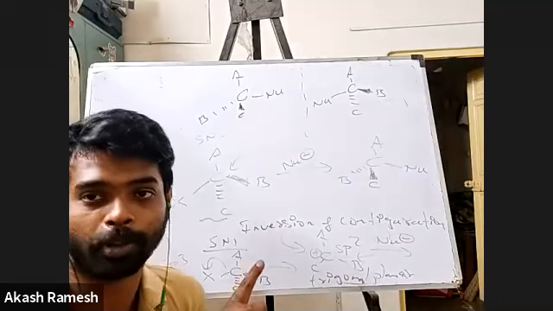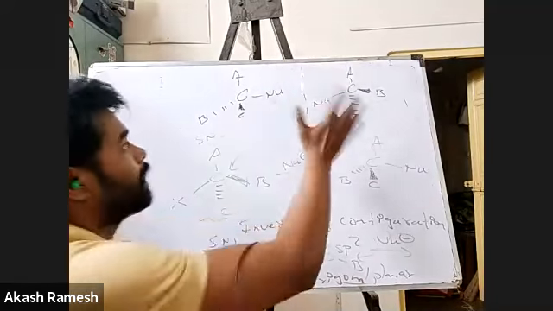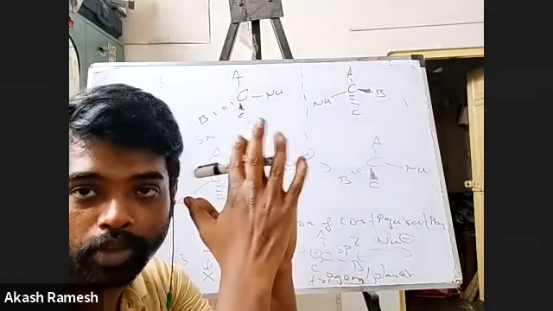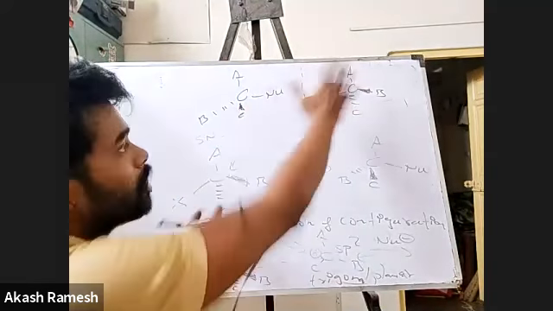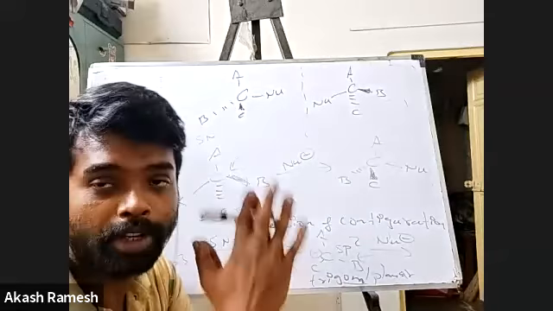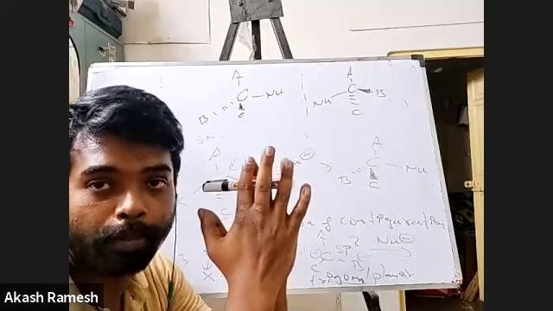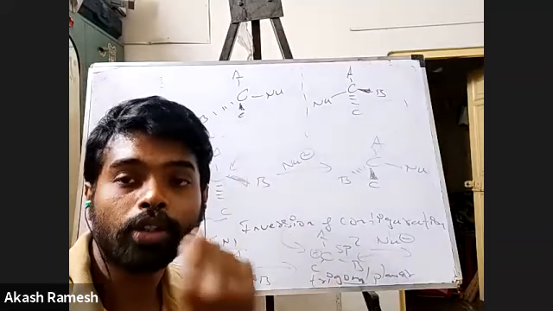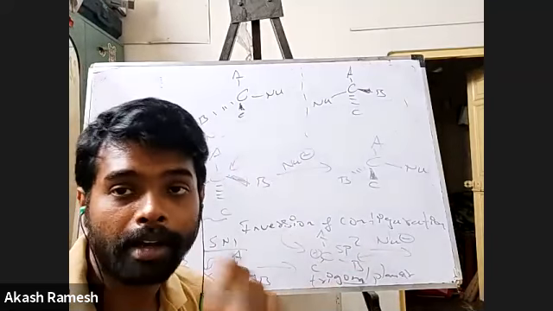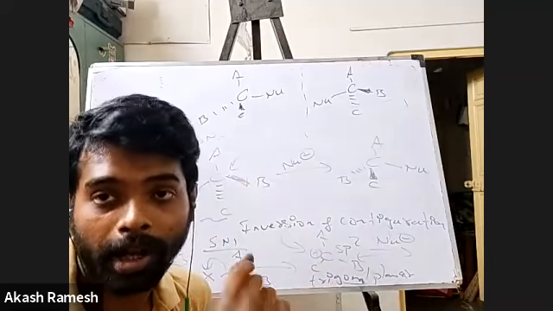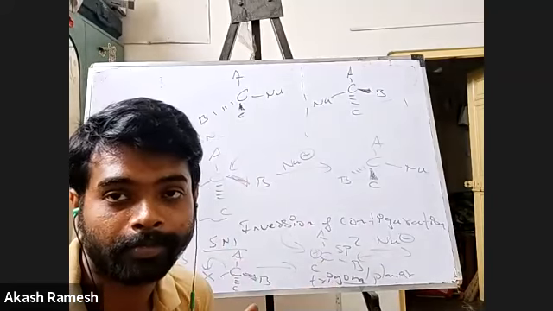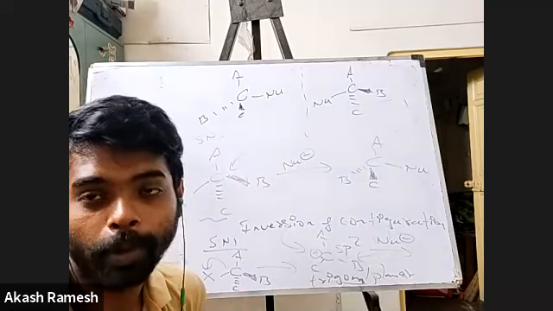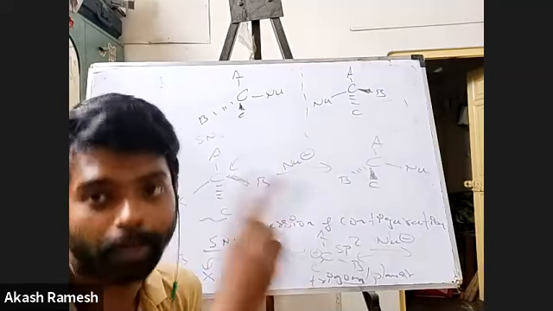They are exactly mirror images of each other, and they are non-superimposable. If you try to superimpose them, they are not going to superimpose. My hands will superimpose like this perfectly, but these two compounds are mirror images that will not superimpose on each other. Those non-superimposable mirror images are called what? They're isomers.